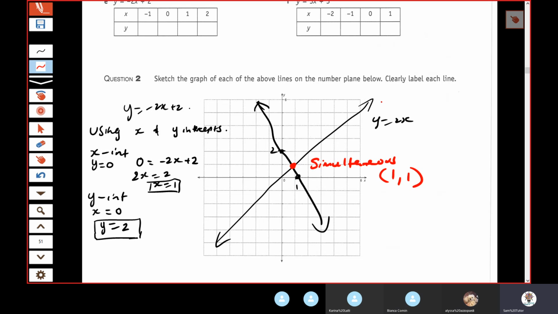So if I want to find where these 2 lines meet, I would technically draw them as accurately as I can, and then find where they both meet, which would be 1 and 1. All right, that makes sense. Any questions there? Nope. So the idea of what we're going to be doing is essentially working out these points.